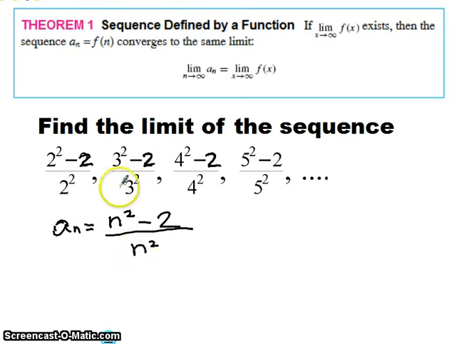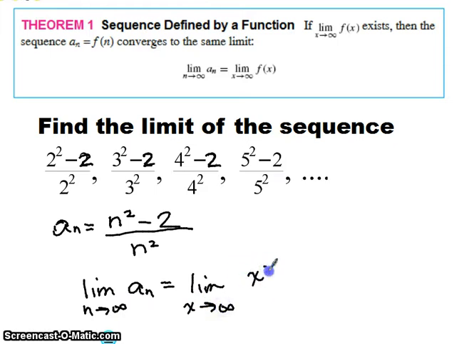Now if we turn that into a function, we can say that the limit using that theorem of a sub n as n goes to infinity is equal to the limit as x goes to infinity of x squared minus 2 over x squared. And knowing how to evaluate limits, you would evaluate that limit to be 1.